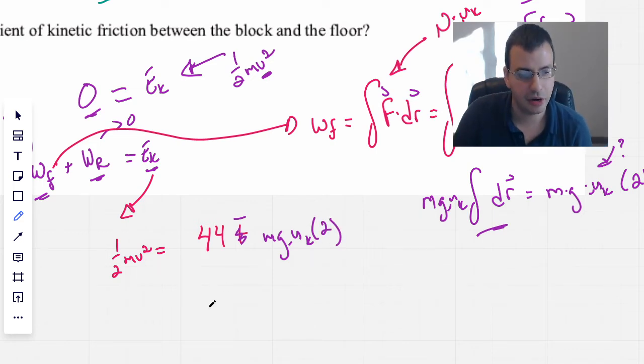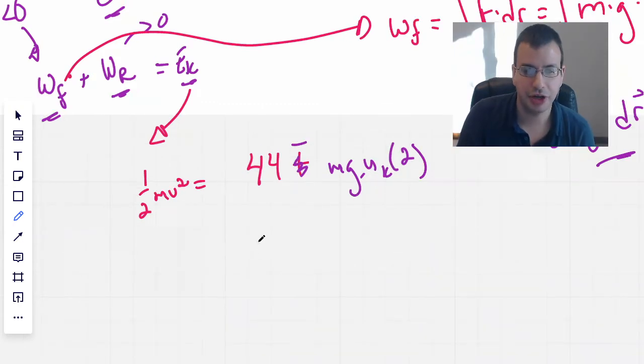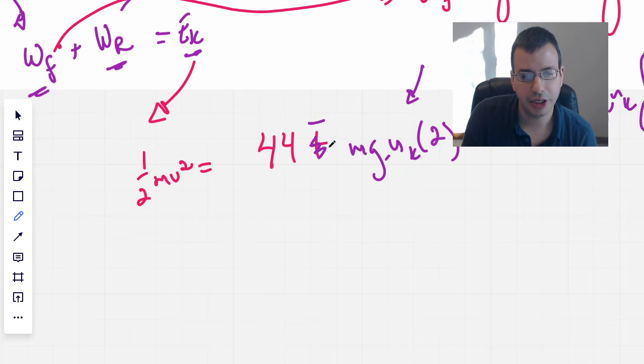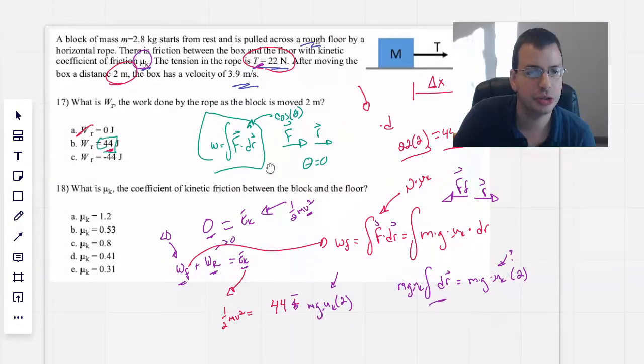All right, so now I'm going to start putting in values, and we're going to try and solve for that guy right there. Let's see here. Move this over there, move that one over there. So we'll have mass, which we know the mass is what? 2.8.